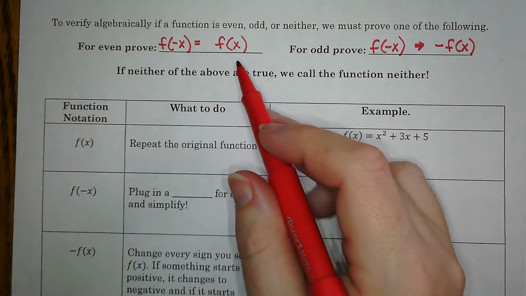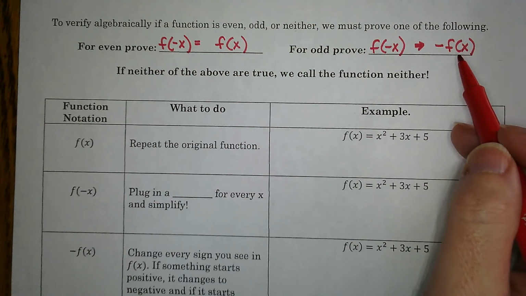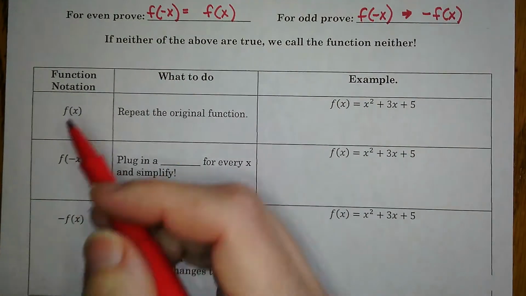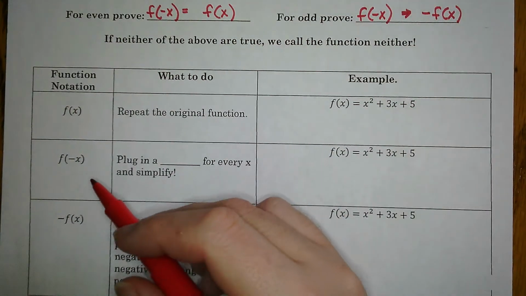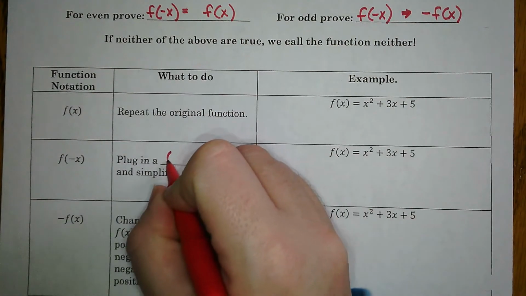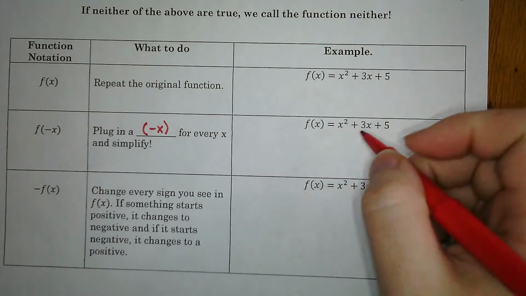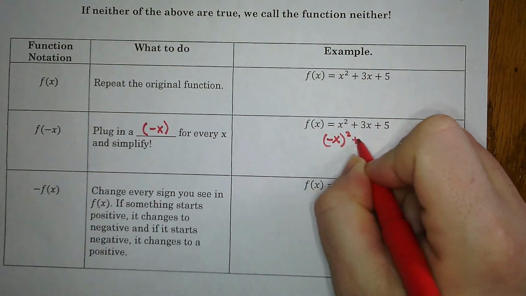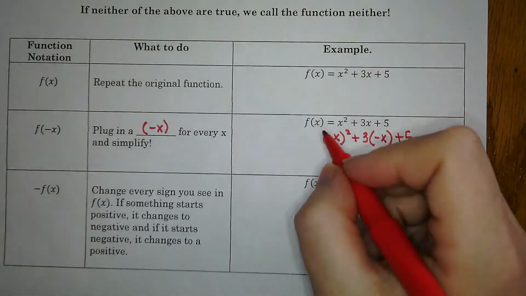And if it doesn't come out to be exactly the same as the original, or all of the signed opposites of the original, then it's called neither. So this is kind of like what you do. You take your f of x function, and you're going to plug a negative x in everywhere you see an x. So in this case, we're going to do negative x squared plus 3 times negative x plus 5.